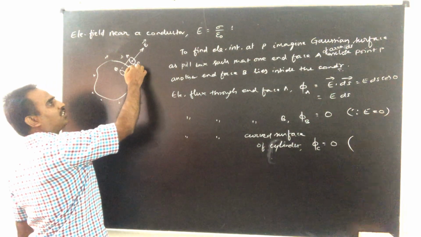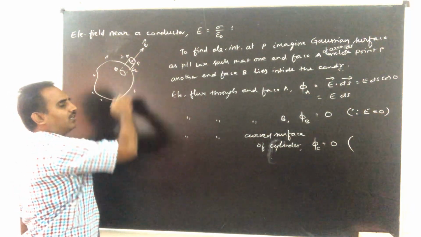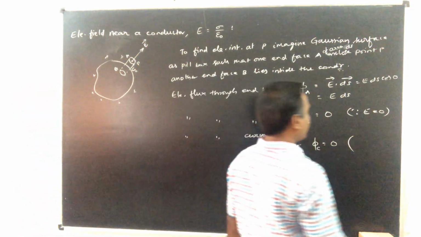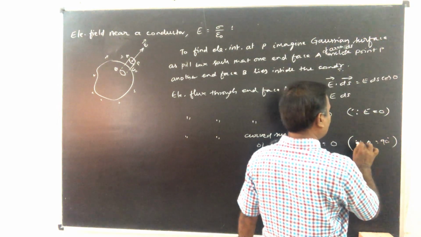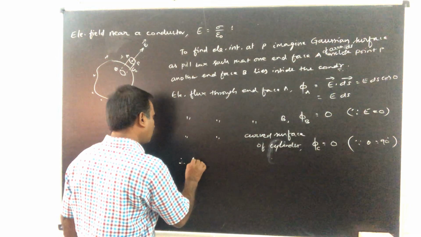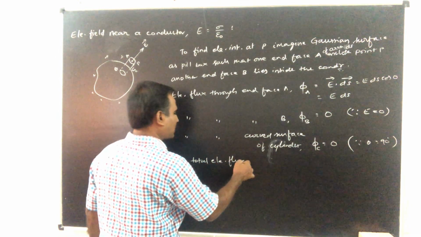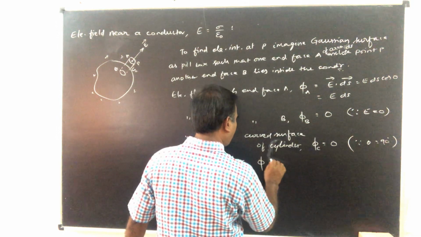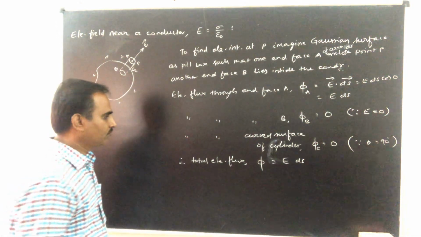If I draw the normal to the curved surface, the angle between E and the area vector becomes 90 degrees, since theta is equal to 90 degrees. Therefore, total electric flux phi is equal to E ds.